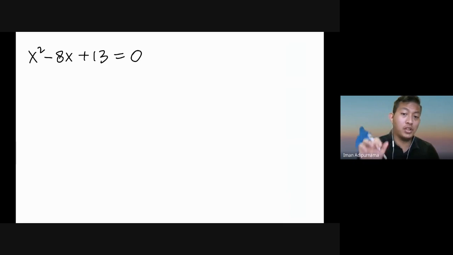Of course, with the ABC formula you get the answers quickly, as long as you calculate, multiply, divide, and take the square root. But try, if you are not using any ABC formula, can you solve this?